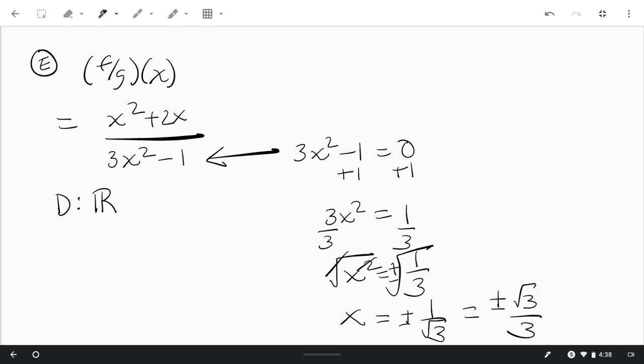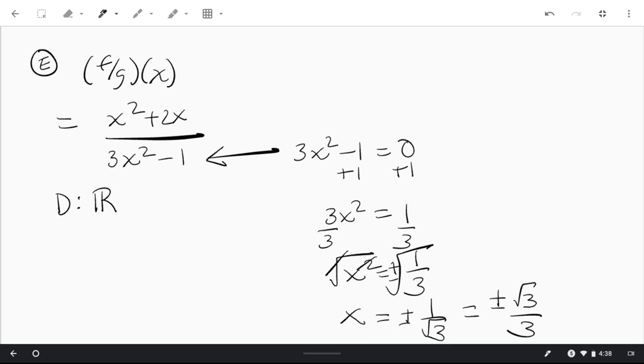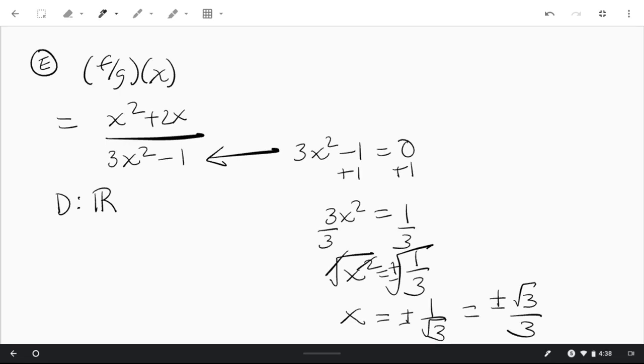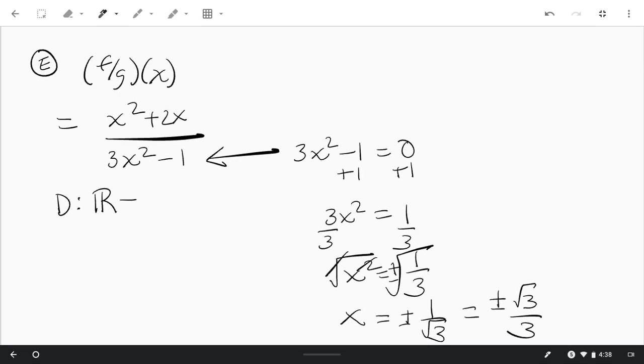So here we're going to say all real numbers except, so I'm going to have that minus sign, except, and then in my curly brackets, I'm going to list all the numbers that I want to exclude. So I want to exclude positive square root 3 over 3 and negative square root 3 over 3.